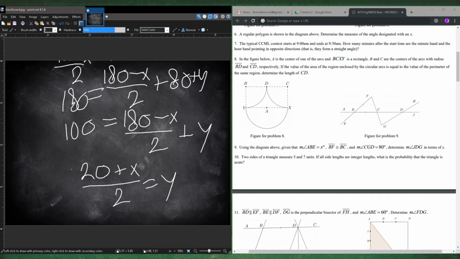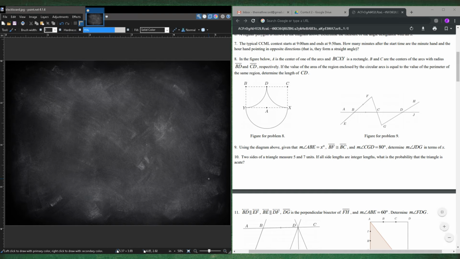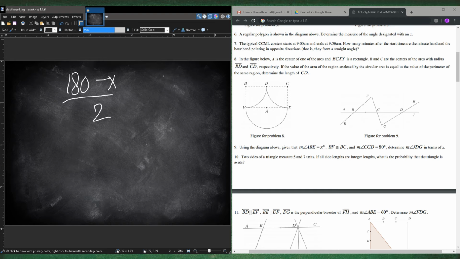So our value for JDG. Oh, sorry, I was looking at the wrong angle. Okay, this value is 180 minus x divided by 2, and that was 80. JDG, as I said before, since you have a line like this, then this is x plus y.